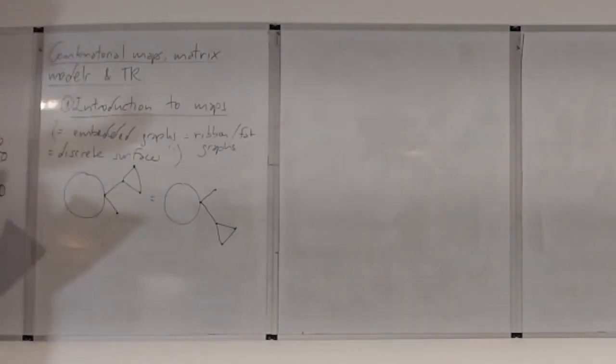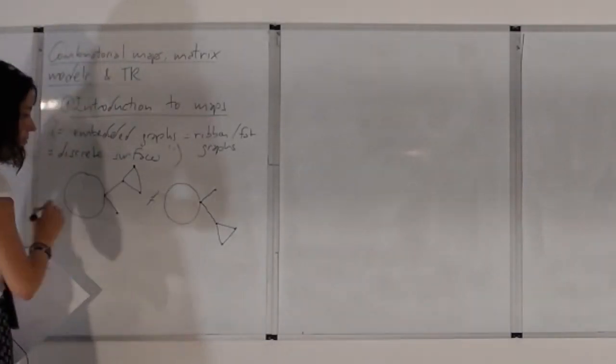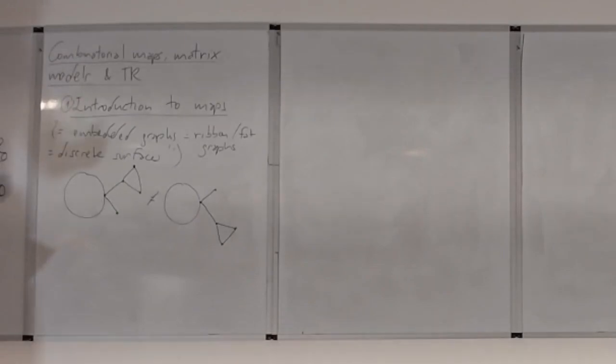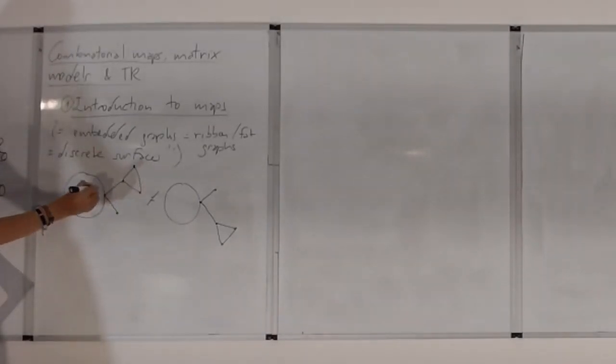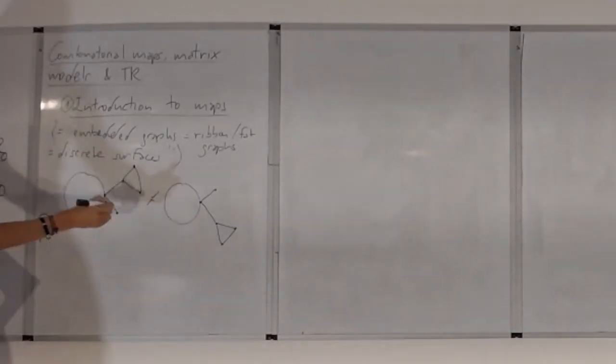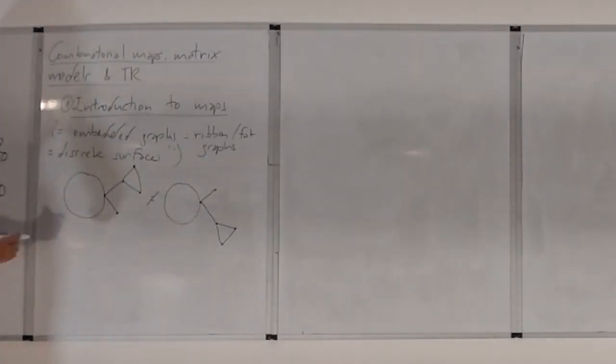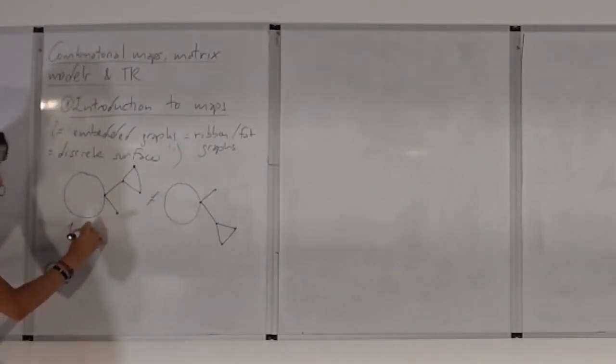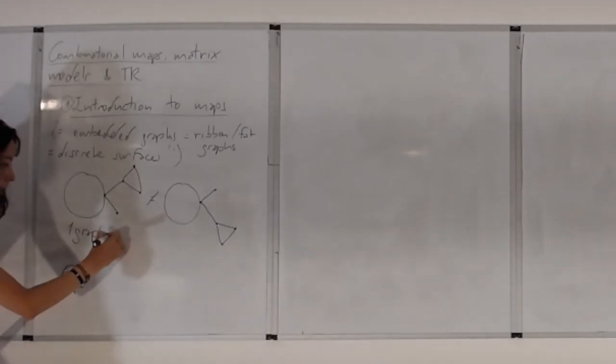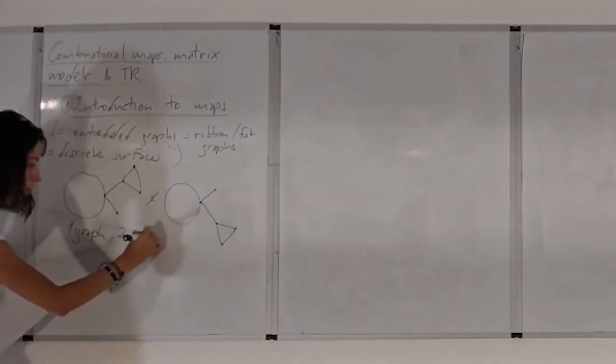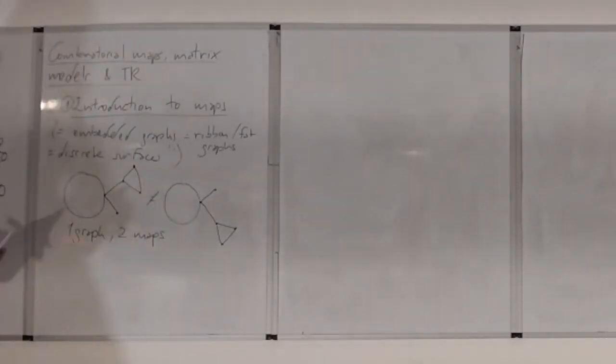But they are not the same as maps, because their embedding is not the same. So here we have a cyclic order around the vertex, which is different. Okay, so this gives us an instance of a graph that gives two different maps. So the embedding is very important.